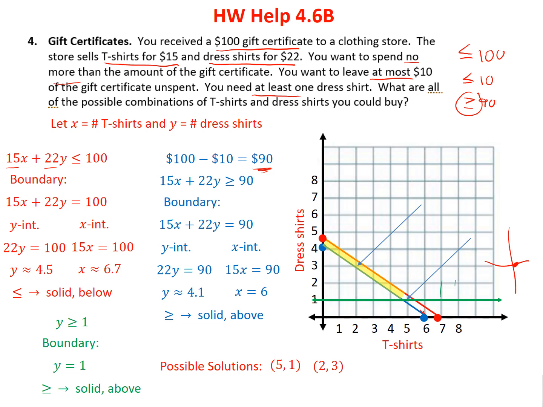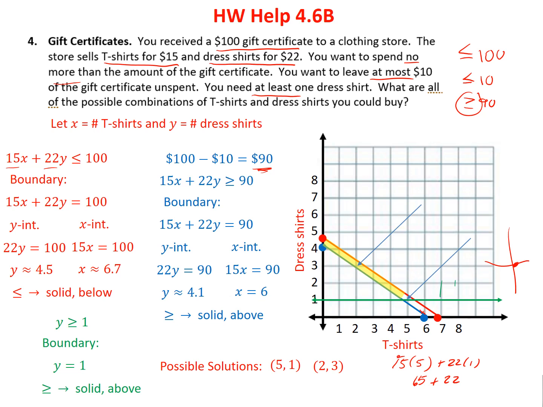If you want to check those, you can put those into your formula again and see that you got the right amounts. But those would be my 2 possible answers. For example, take 5, 1. 15 times 5 plus 22 times 1. So 15 times 5, 5 times 5 is 25, carry the 2.